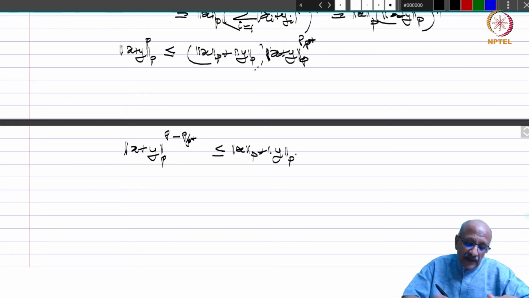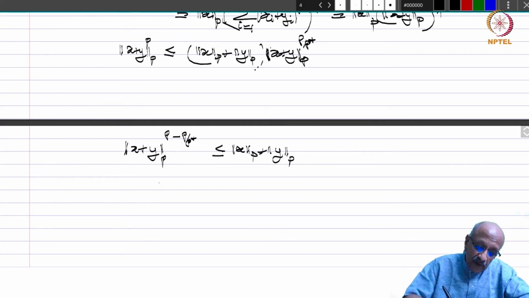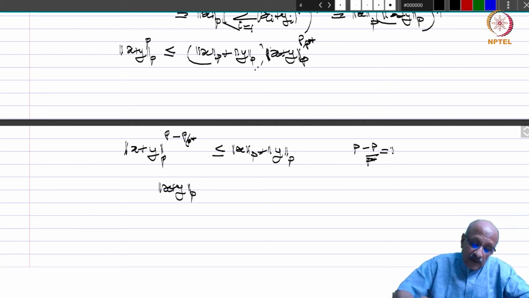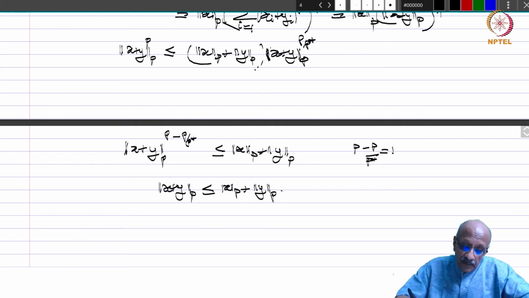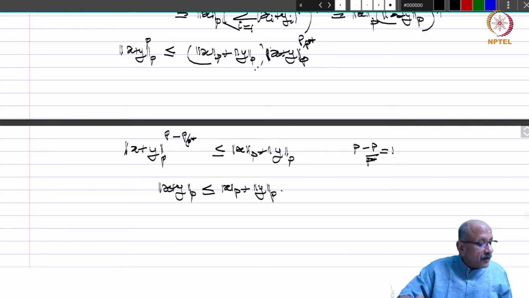But p minus p by p* is nothing but 1, and therefore you get norm of x plus y, p, is less than or equal to norm x_p plus norm y_p. Okay, so this proves the triangle inequality for norm p.